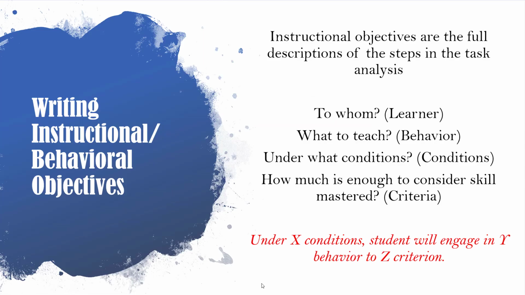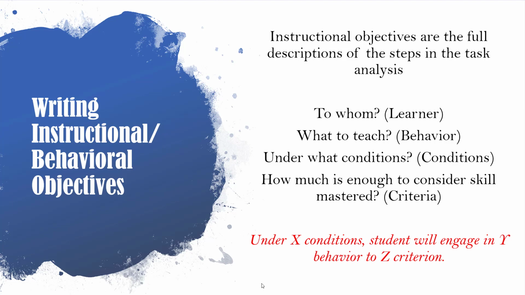Okay, writing instructional or behavioral objectives. So once you realize that your learner is not engaging in a complex skill, you need to break it down, you do your task analysis. After you get your task analysis, you want to create objectives, and these are full descriptions of the steps in the task analysis.